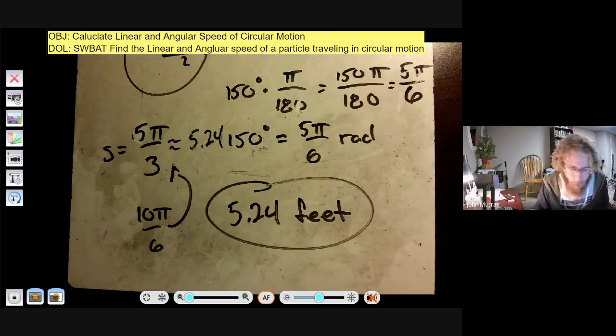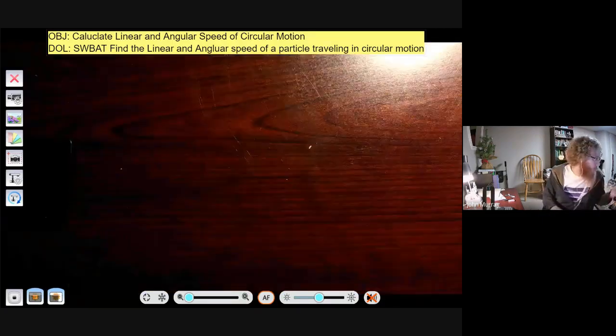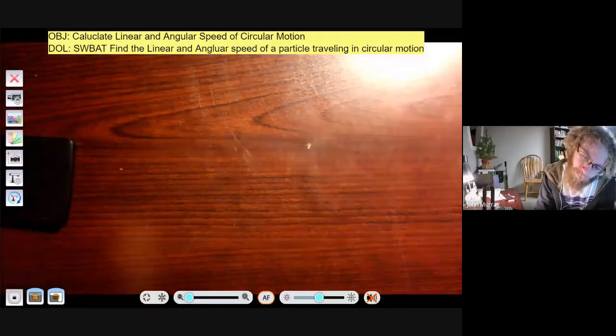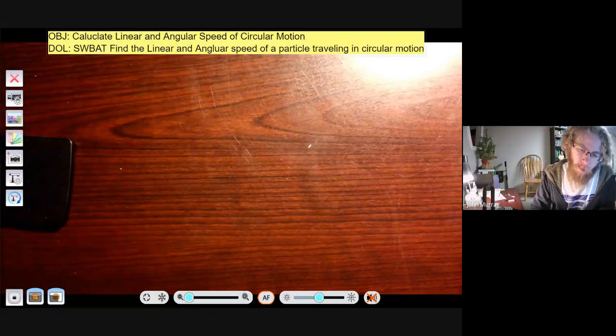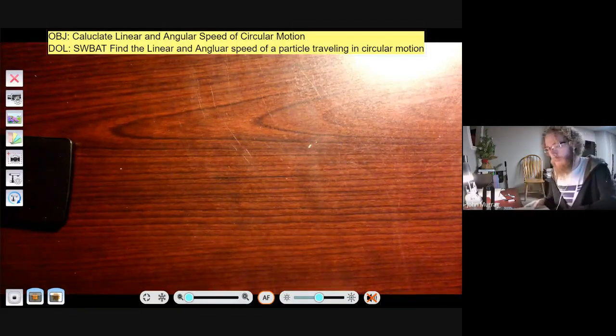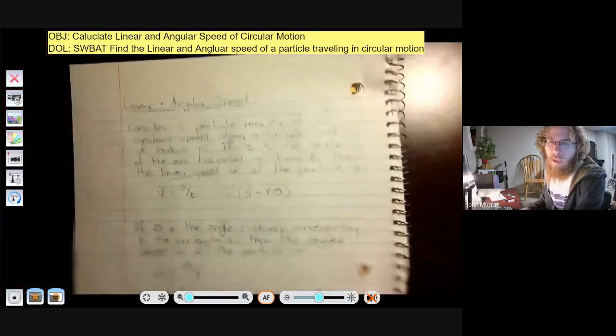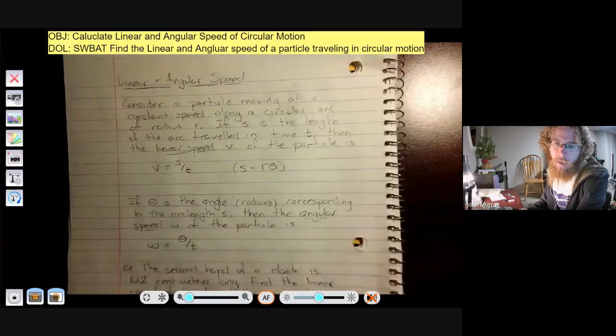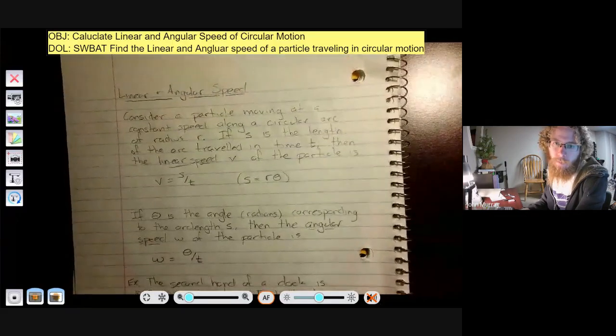All right. So today we're going to continue with what we left off yesterday in talking about linear and angular speed. So there's a few ways to kind of conceptualize this. I'm going to leave this up here while I explain.